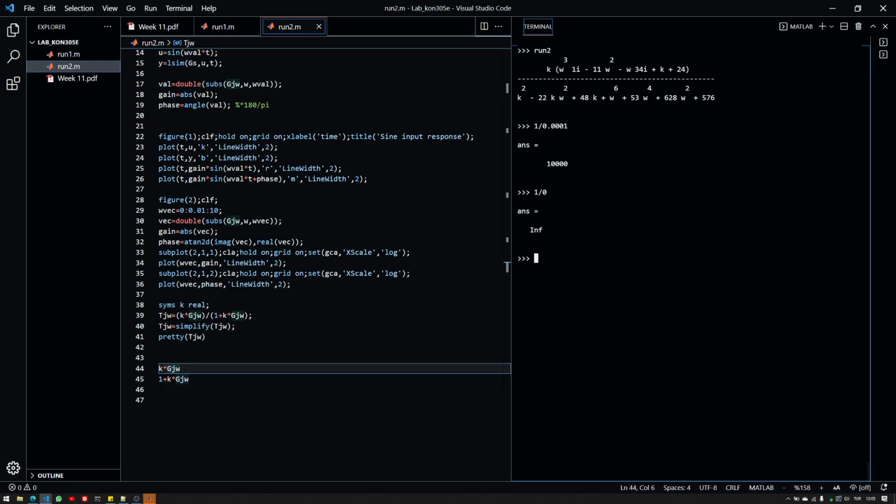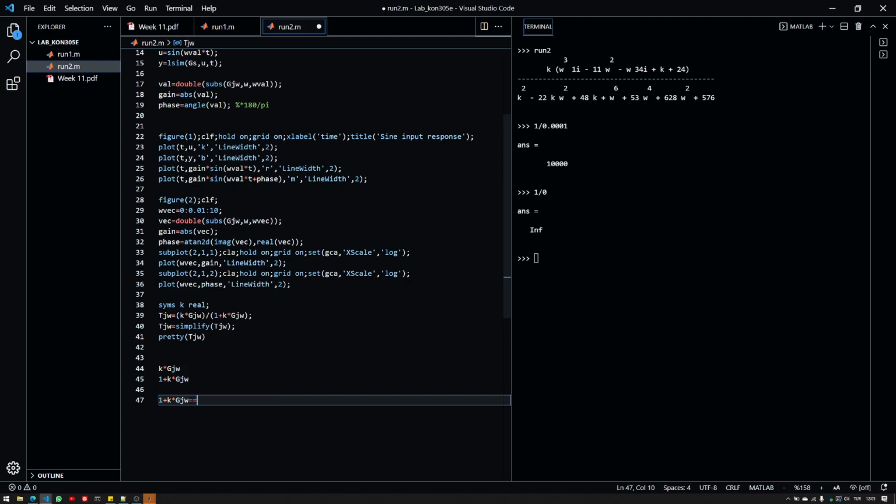Any value that corresponds to dividing by 0 is the value that I should not use for my controller, or that causes instability in the closed loop. So this is kind of the comment that we need here. So I need to prevent this from happening by ensuring that this point is never chosen.